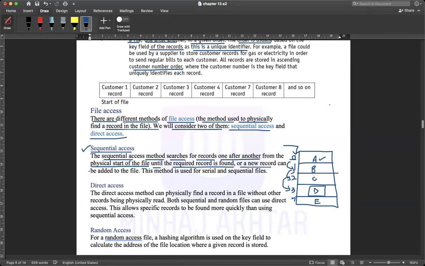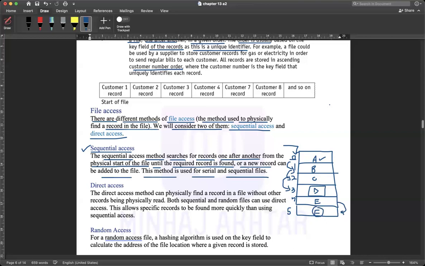A new record can also be added to a file. This method is used for serial and sequential access. If you're going to record any new thing, just like right here, I added a new record. This is fifth. After E, we have F. In F, we have the record, and you have to notice that F is added at the last.